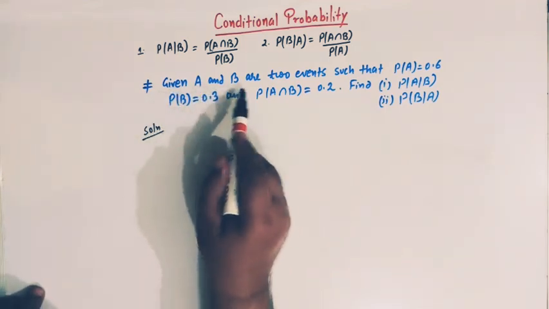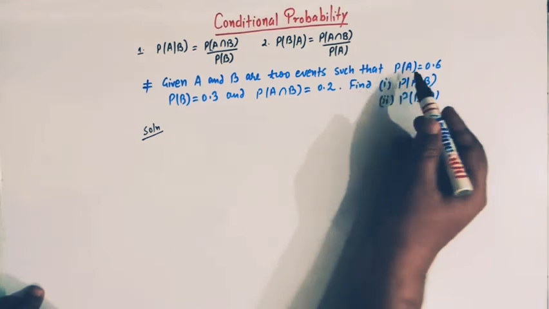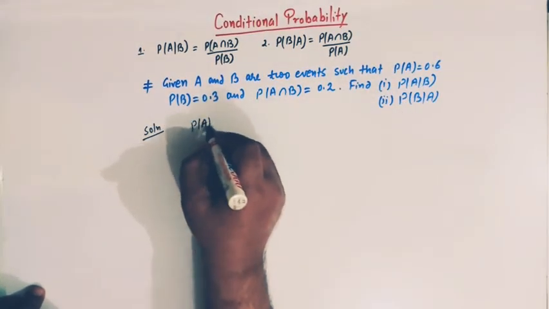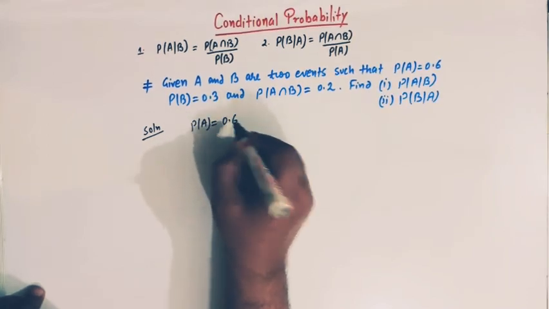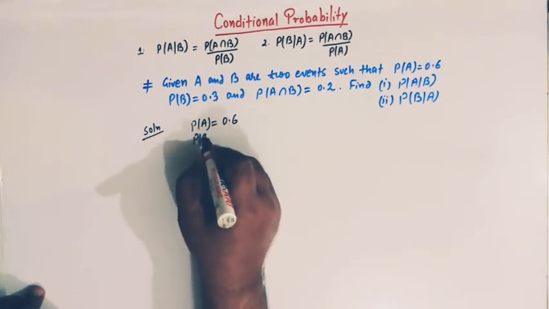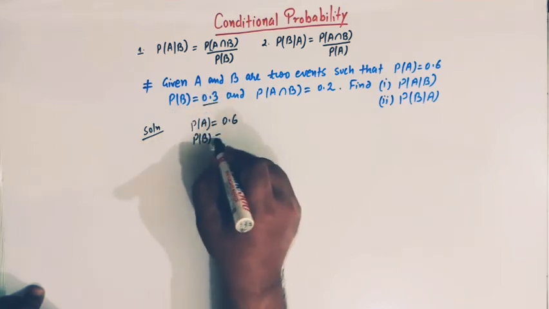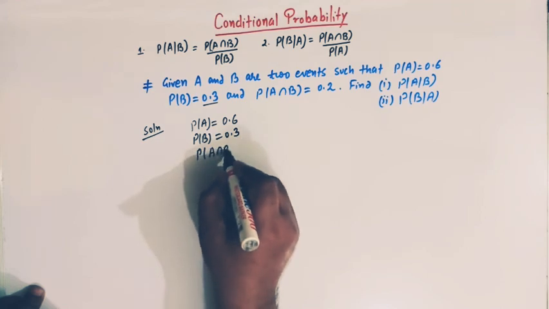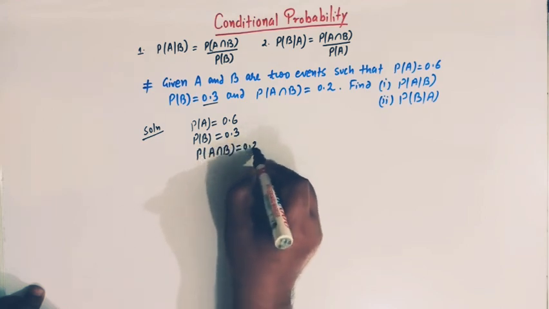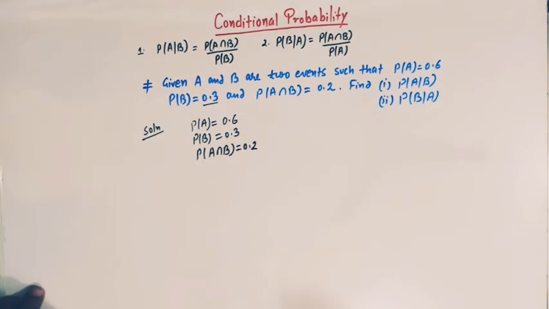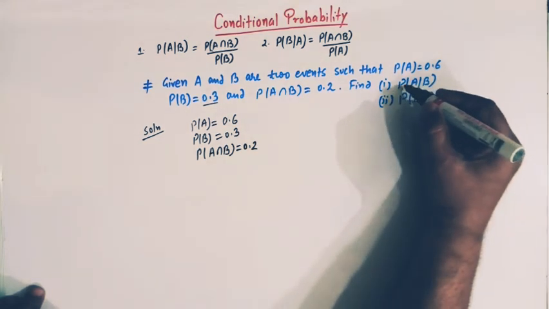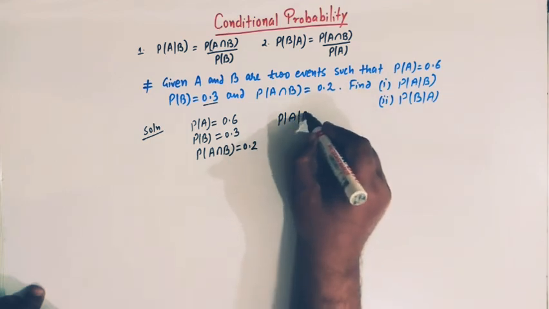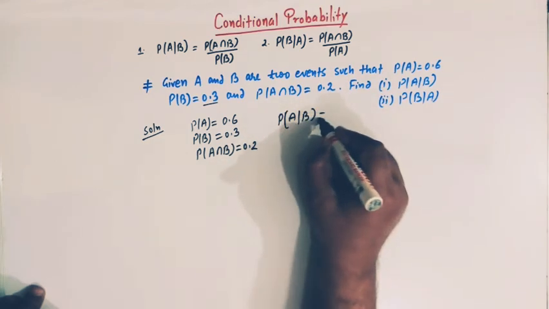Here we are given A and B are two events such that the probability of happening of event A, that is P A, is given as 0.6 and P B is given as 0.3, right? And P A intersection B is given as 0.2, right? Now we have to find the conditional probability of A when B has already happened, right?